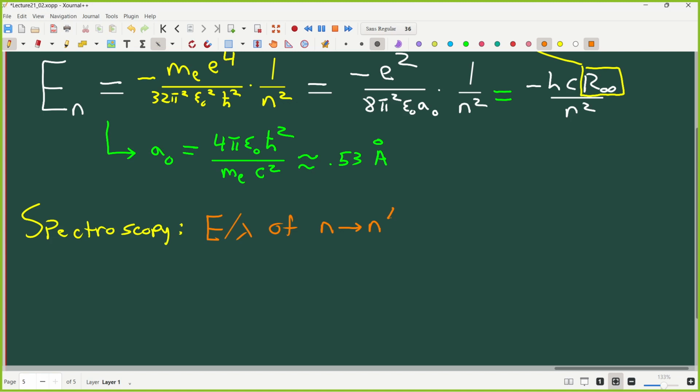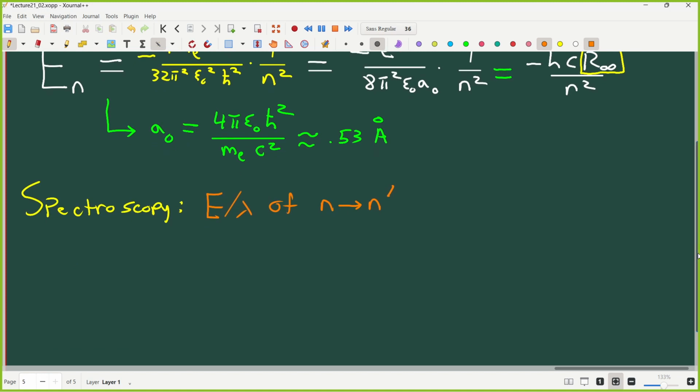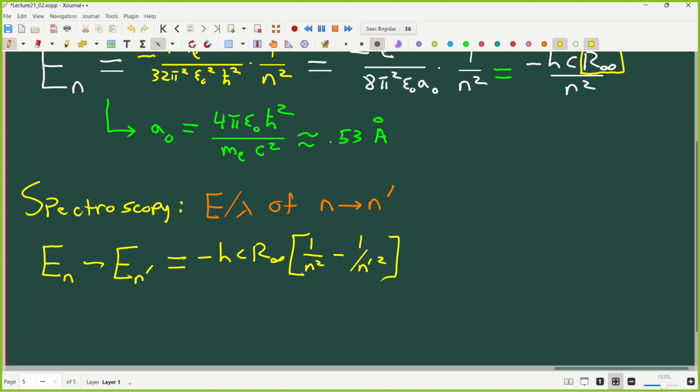What's the energy of that? Well, we have a really nice formula to do that. All we have to do is calculate the energy difference. And that's super easy. It's hcR, the Rydberg constant, times 1 over n squared minus 1 over n prime squared. Super easy.